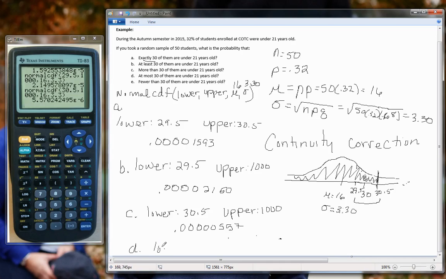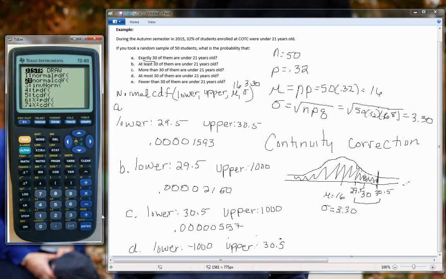So our lower here, ideally it would be negative infinity, but on our calculator we'll do negative 1,000, and our upper will be 30.5. So we're going to do our normal CDF, negative 1,000 to 30.5. And this should be a pretty high probability.